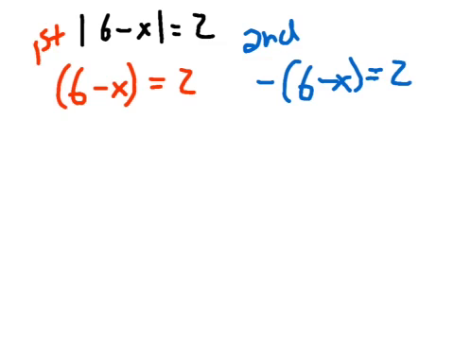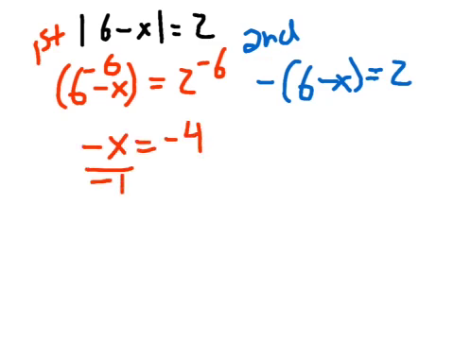Okay, so whatever way you want to go about it, subtract 6 from each side. Okay, we get negative x equals negative 4. Divide each side by negative 1. X equals 4.